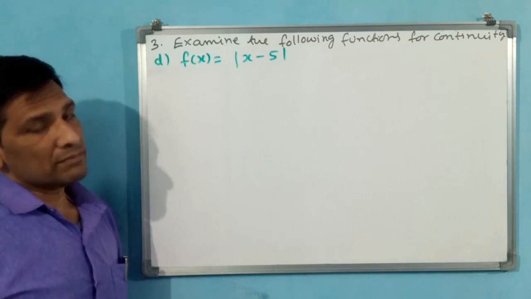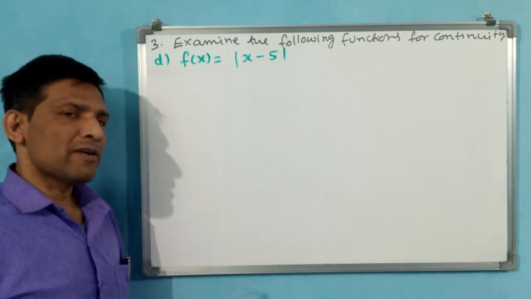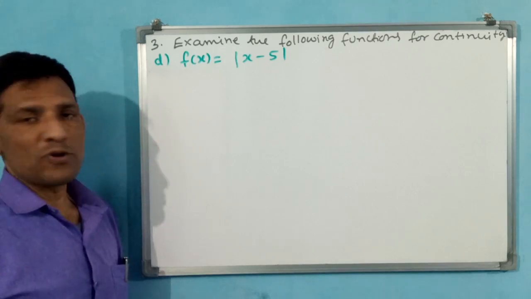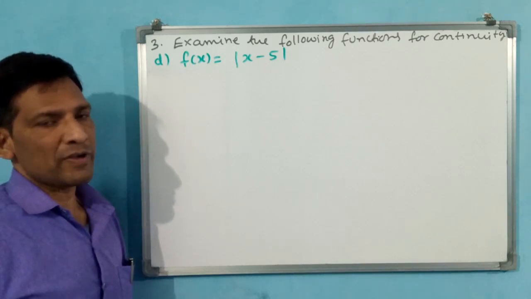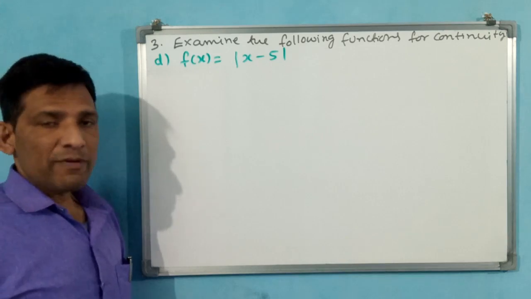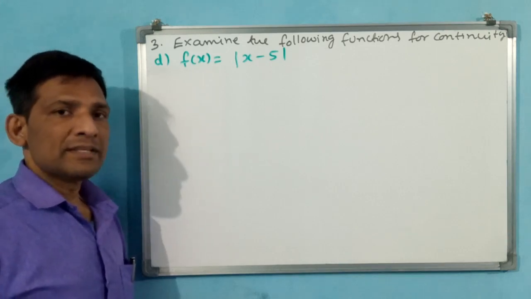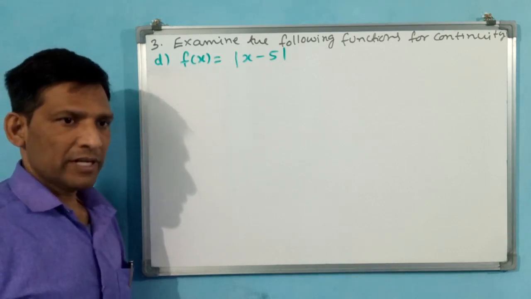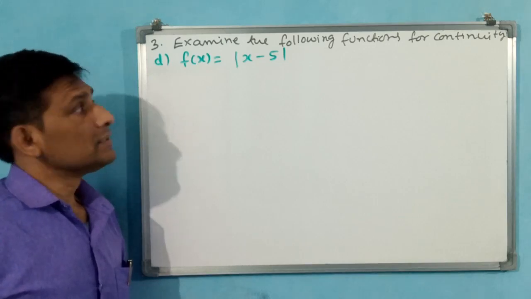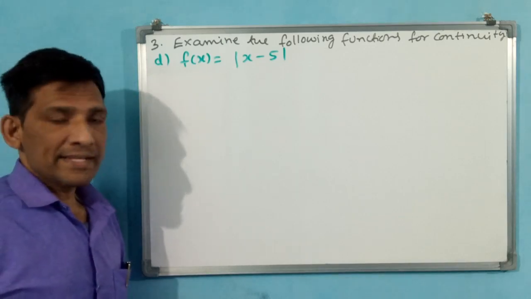Left hand limit of 5, right hand limit of 5, if you take, also 0 is going to come. Anyway you are going to substitute 5 only again. And less than 5, greater than 5 also, if you take, the same values are going to come. Then how to write this?